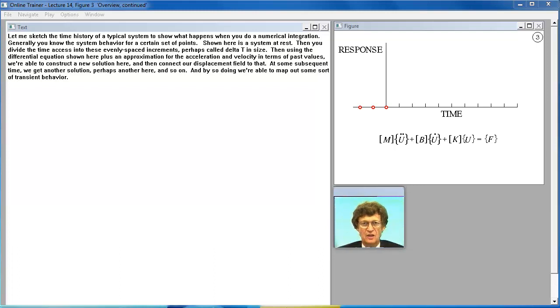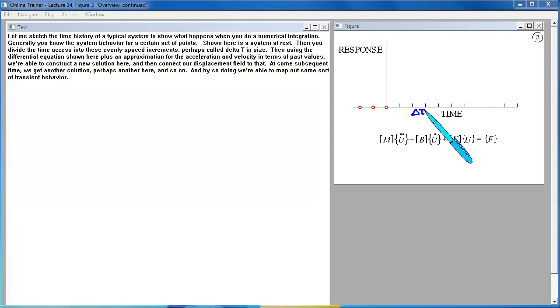Let me sketch the time history of a typical system to show what happens when you do a numerical integration. Generally, you know the system behavior for a certain set of points, shown here as a system at rest. Then you divide the time axis into evenly spaced increments, perhaps called delta t in size.